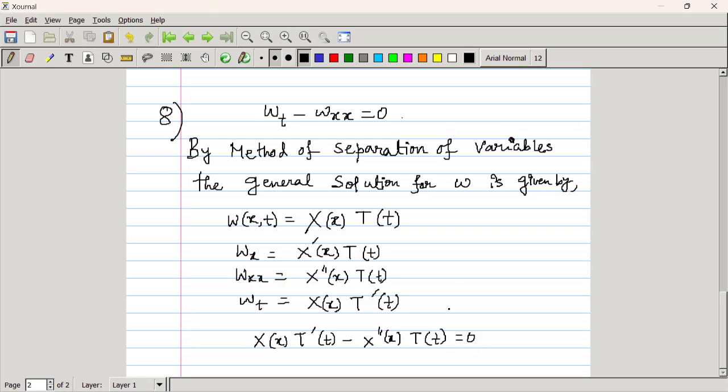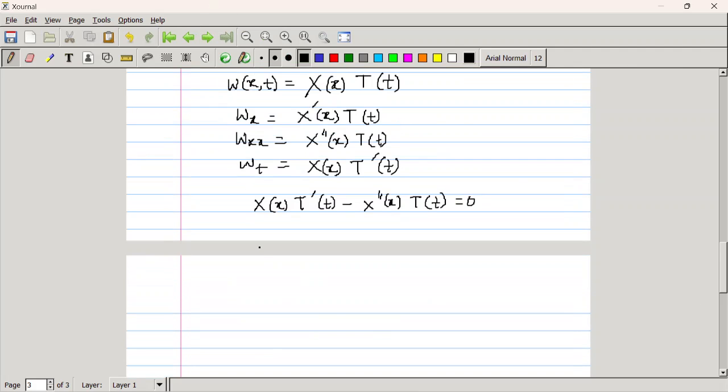So what I got is, let me go to the next page, I am just separating: X''(x) by X(x) equal to T'(t) by T(t). The left hand side is a ratio of functions of x and the right hand side is a ratio of functions of t, and both are equal.